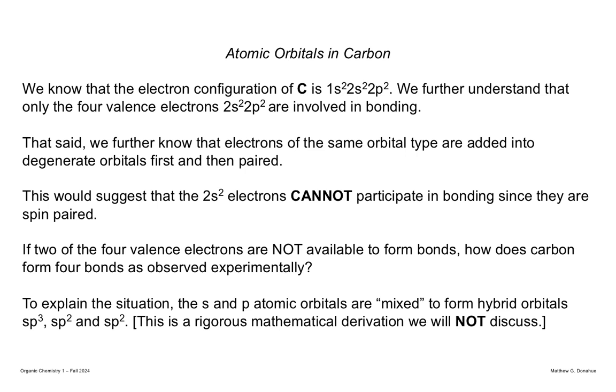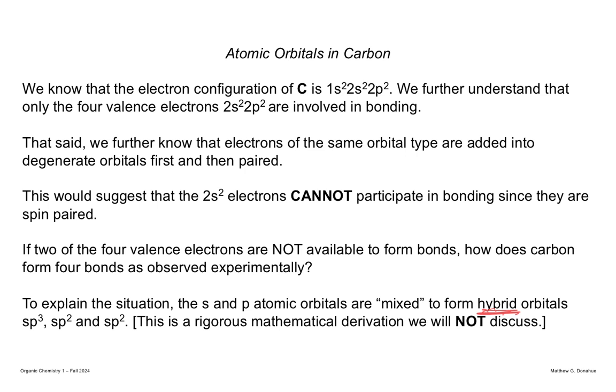And that something is a mathematical operation, and as chemists, we call it hybridization. So we take the atomic s and p orbitals, we mix them together to form hybrid orbitals.